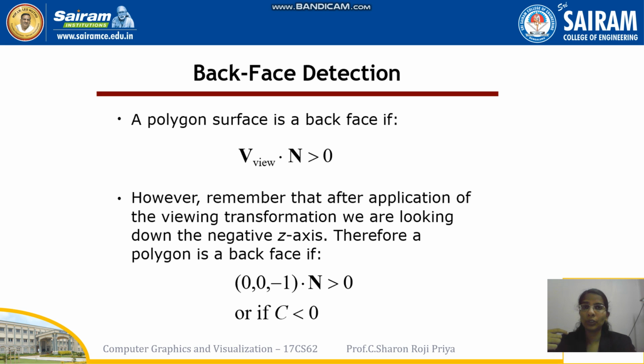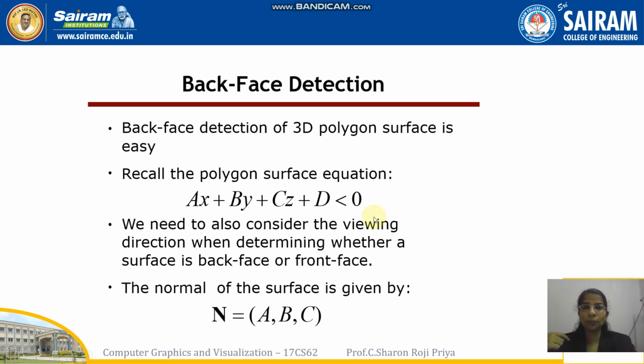So I'll repeat. First, take a point and substitute it in this equation. If the value is less than 0, the point is inside your polygon. After that, you have to identify which face it is.